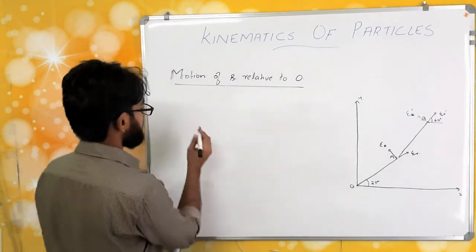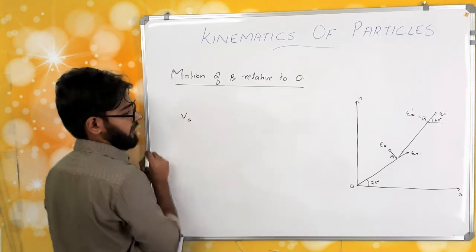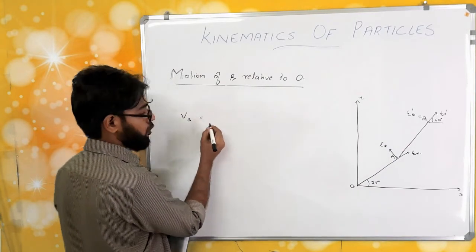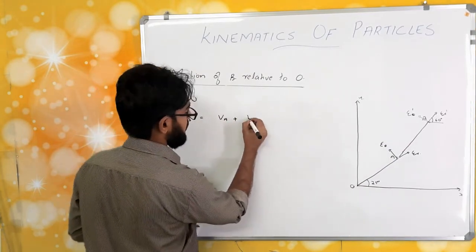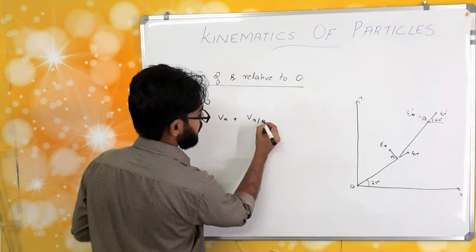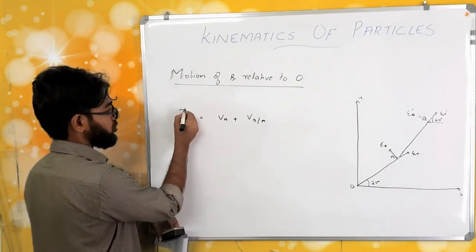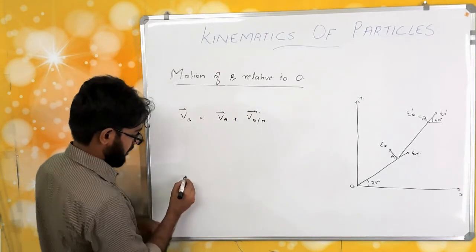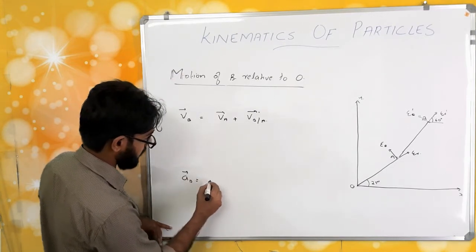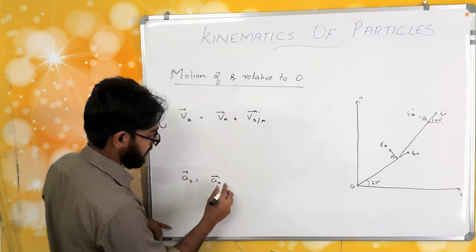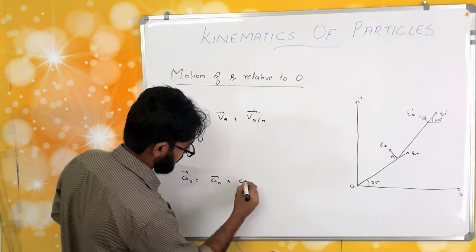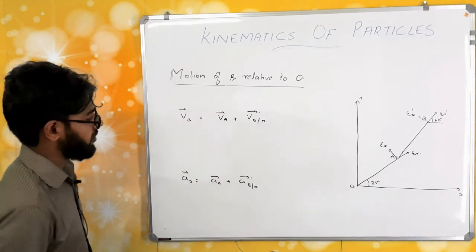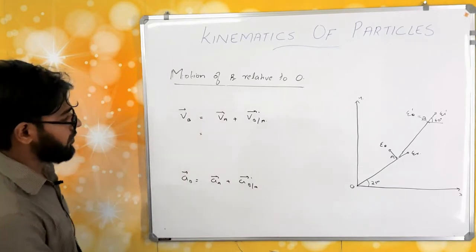Now velocity of B with respect to O, or I can directly write VB itself. So VB will be equal to VA plus VB with respect to A. This is the corresponding equation of relative motion. Similarly, AB is equal to acceleration of A plus acceleration of B with respect to A. I think I forgot to write the arrow mark in the previous terms. Just remember that.